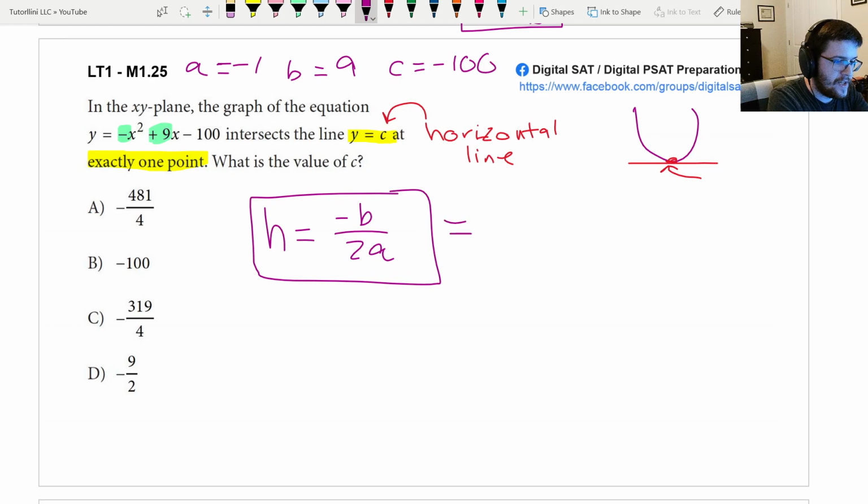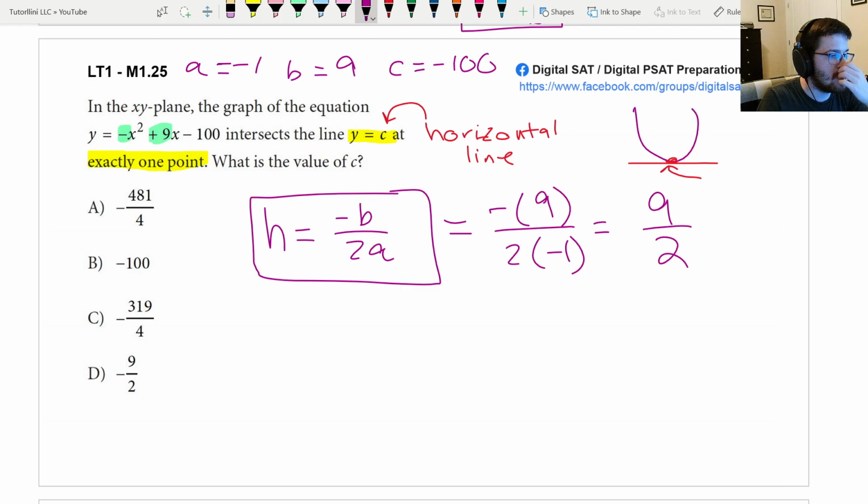So let's see, negative b is negative 9, right? Over 2 times negative 1. And I get 9 over 2. And now we have to find the y-coordinate of the vertex. So to find the y-coordinate, we plug in the x-coordinate.